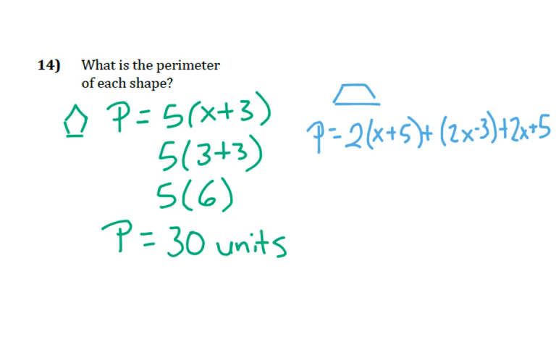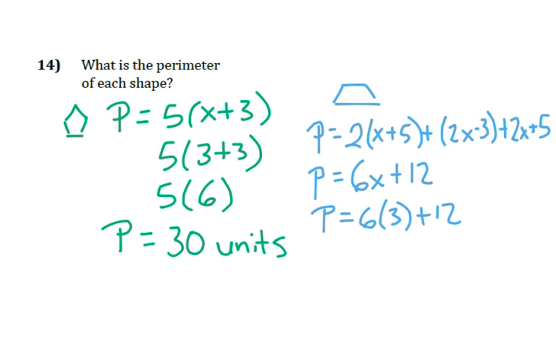Now we could write it as the simplified form. We knew when we multiplied all this out it gave us 6x plus 12. And so the perimeter of the trapezoid would be 6 times 3 plus 12. Or 6 times 3, which is 18, plus 12. So the perimeter is 30 units.